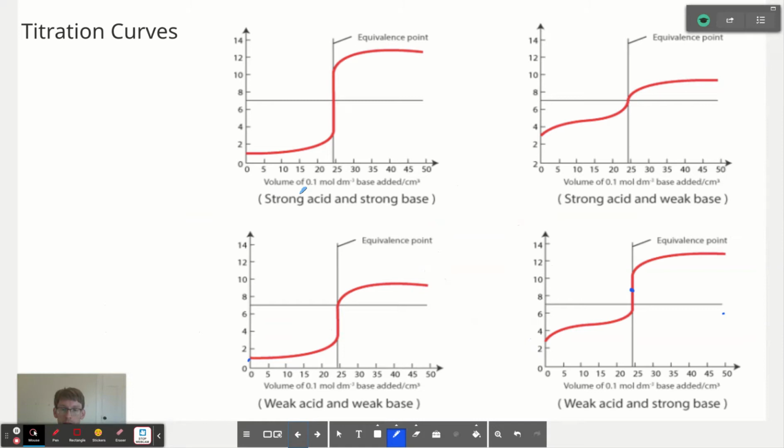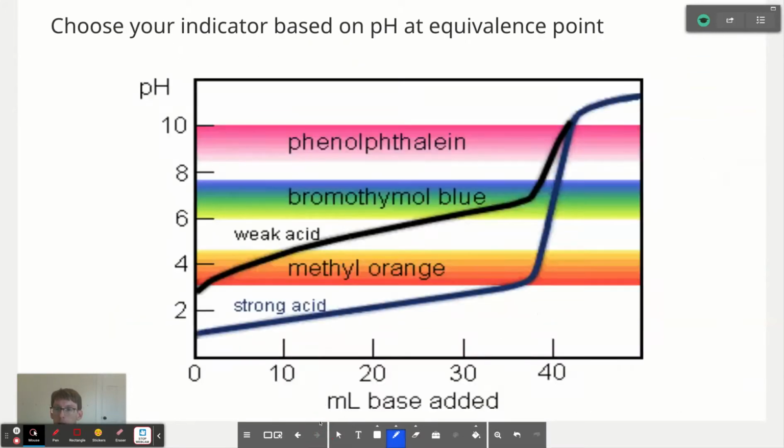If you had a strong acid and a weak base, then we might have a pH at the equivalence point being a little bit lower than you would otherwise expect. So you want to choose your indicator based on what the pH will be at the equivalence point.